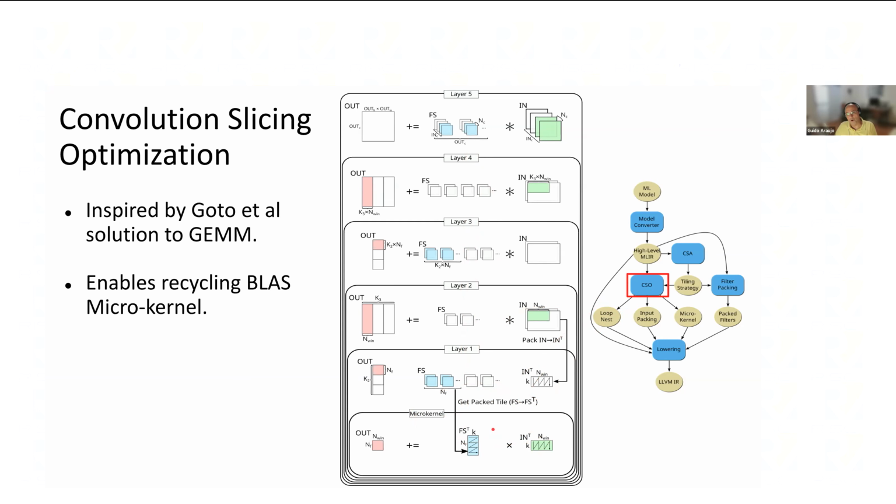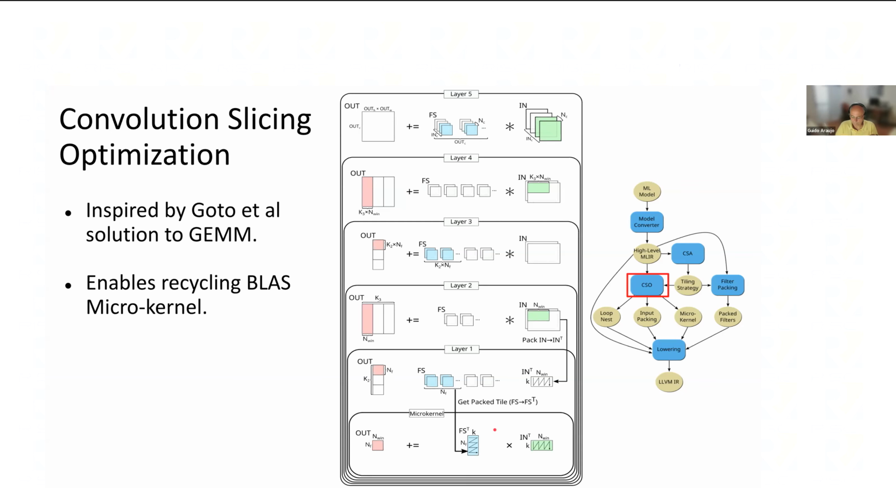And the interesting part of the SConv algorithm is that you can recycle your BLAS kernel. You realize that the BLAS kernel, which is outer-product based, has a very good fit into the way you design SConv. So if you already have a BLAS microkernel working for your architecture, you can recycle it with SConv in Eclipse.